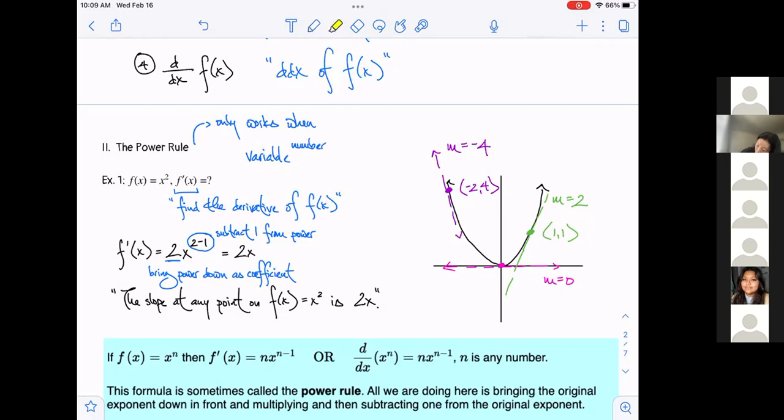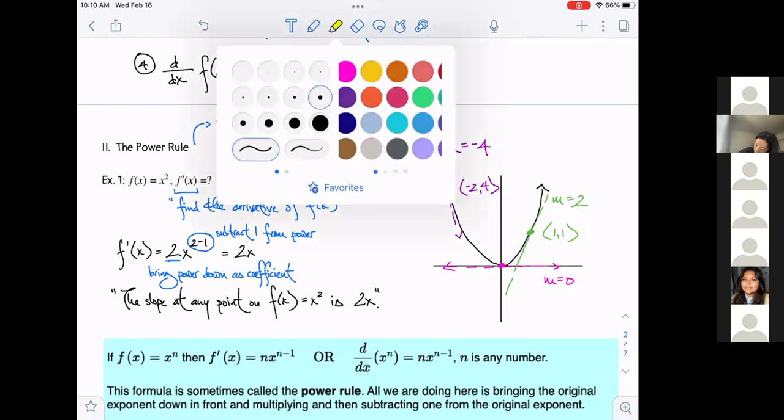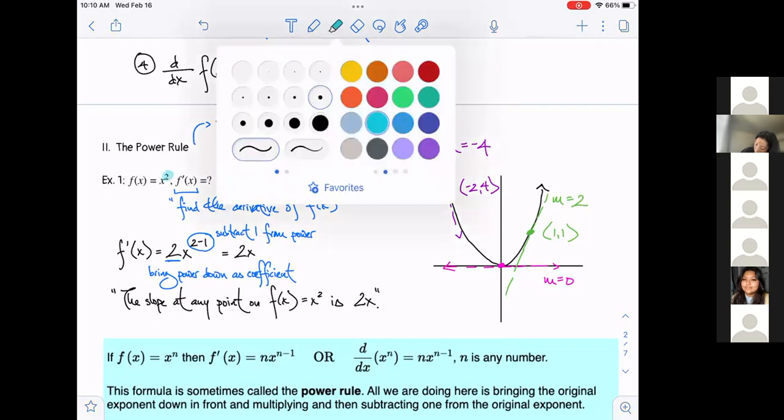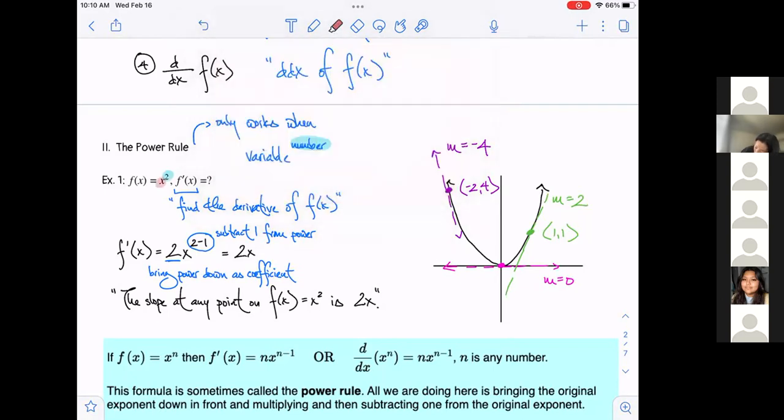So you have to have a number up here in the power, and then your variable has to be the base. The variable has to be in the base, the number has to be in the exponent.